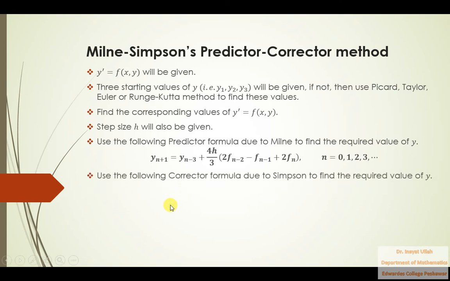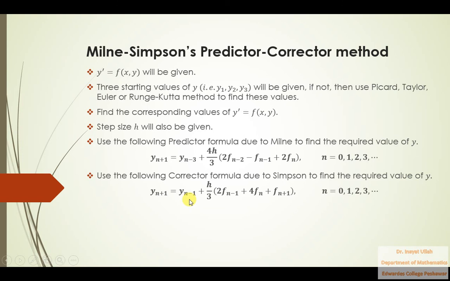And the second one is the corrector formula. The corrector formula due to Simpson will be used to find the value of y. What is the corrector formula due to Simpson's? That formula is y n plus 1 is equal to y n minus 1. This is the difference between these two formulas.